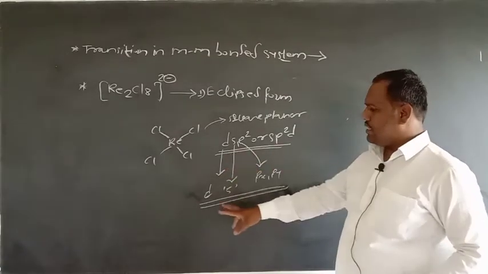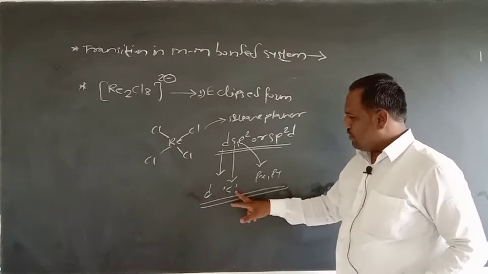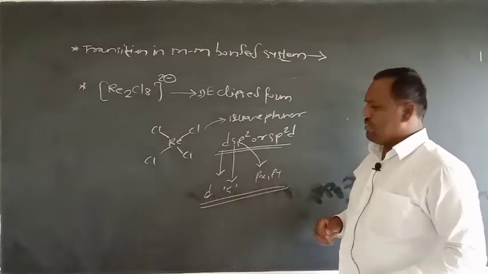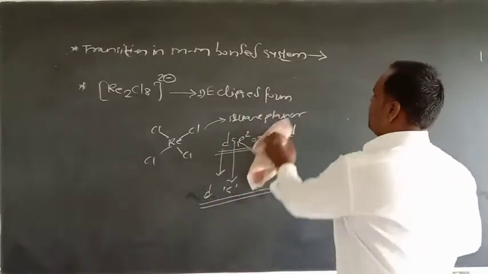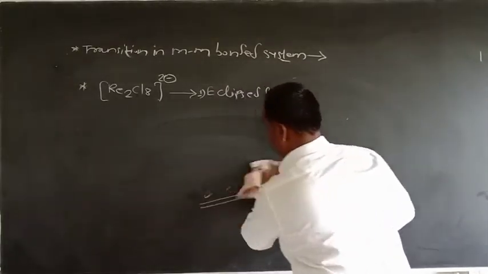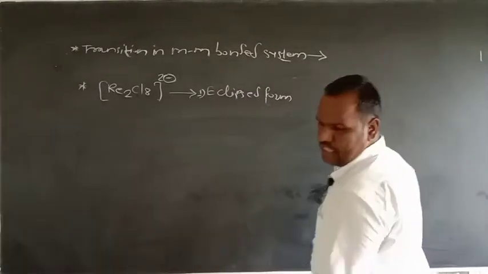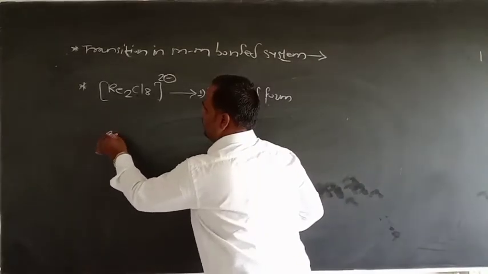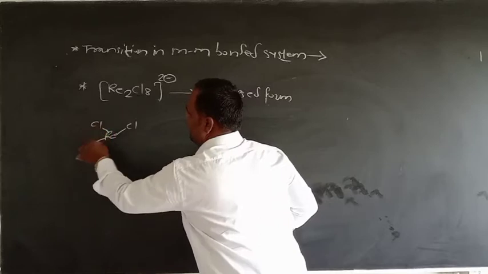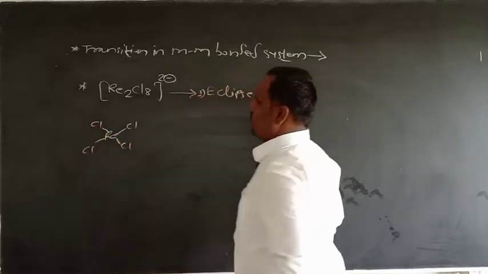One d orbital, one s orbital, and two px, py orbitals are involved in bonding. If you consider the bonding in this Re, Cl, Cl, Cl, Cl, it is dsp2 hybridization.